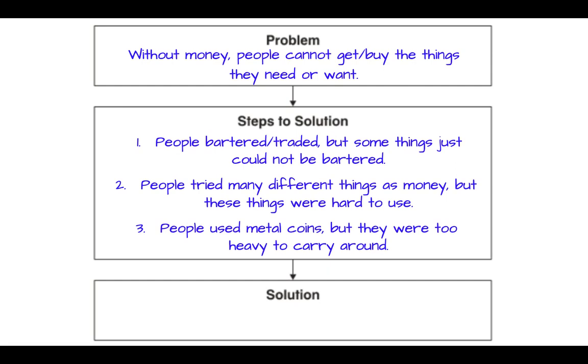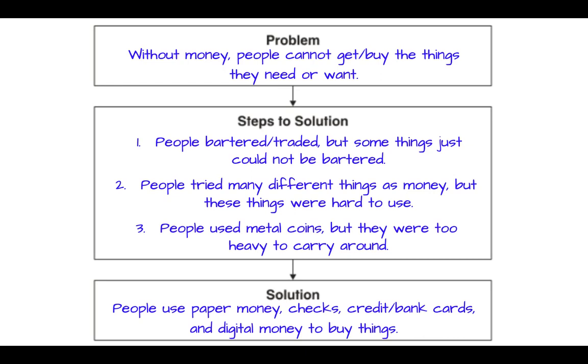And the last step that they tried, people used metal coins, but they were really heavy to carry around. So the solution that they came up with was that people use paper money, checks, credit, or bank cards, and digital money to buy things.